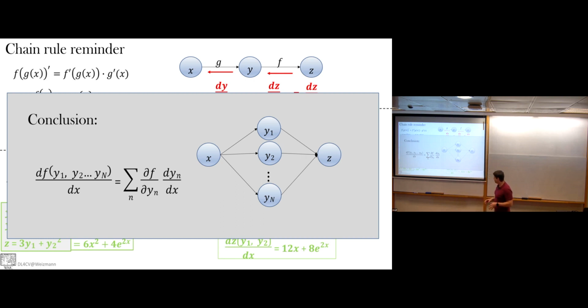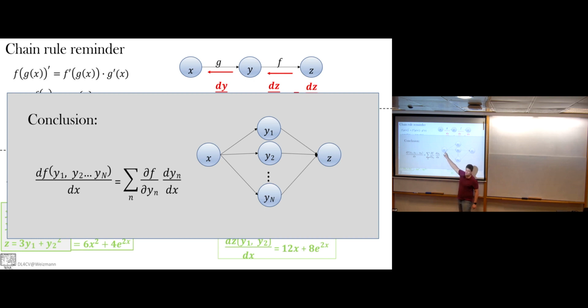A summation of what? A summation of all the multiplications of derivatives across all possible routes going here. So it's going to go through every possible y. Let's make sure I put the same y here and here. Okay, and I sum all of them.